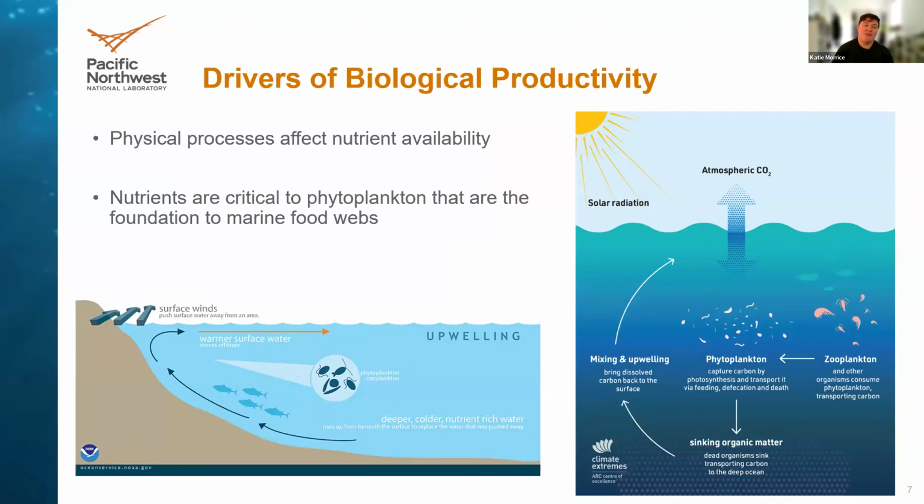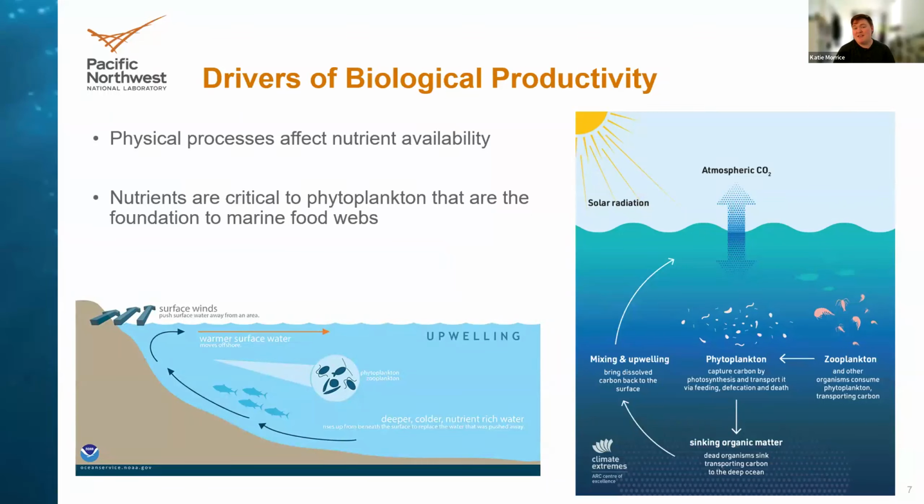As I just reflected on the last slide, those physical processes in the ocean are critical for driving nutrient availability in the ocean. As shown in the graphic to the left, a common process through which nutrients are delivered is through upwelling, where winds and the Coriolis effect push surface waters offshore, which results in cold nutrient-rich waters being brought to the surface.